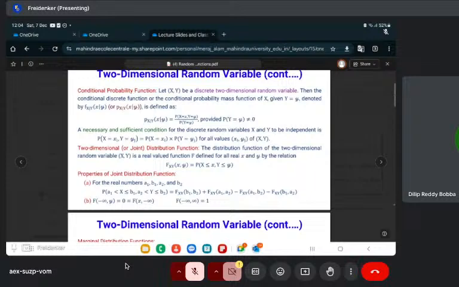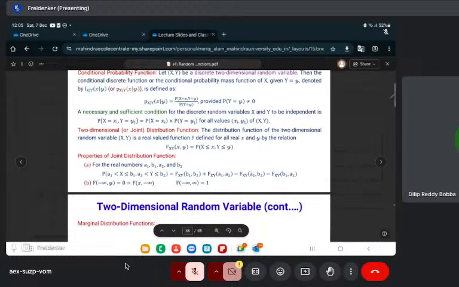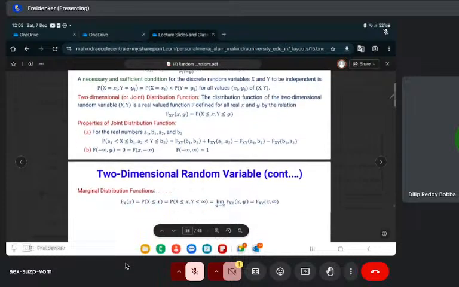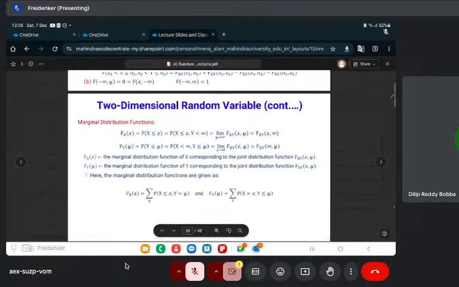What does that mean? That means p of x given y is equal to p of x. If x and y are independent, p of x given y is equal to p of x because it is not dependent on y. So irrespective of whether y is given or not, p of x given y will be equal to p of x. You can verify all of that mathematically.